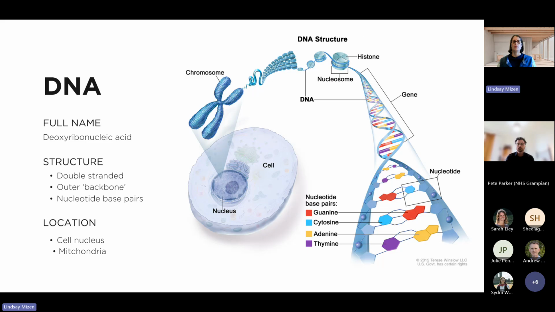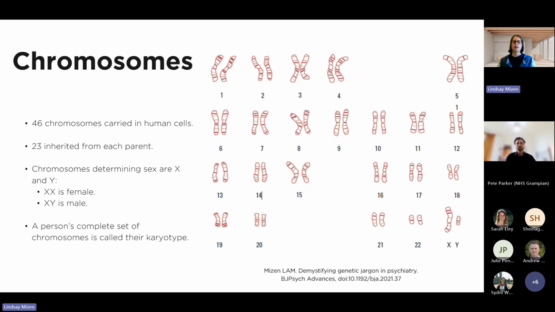So here in the middle, you'll see the word chromosome. That X-shaped blue shape is what a chromosome looks like under a microscope. And that is useful to know because human cells have 46 chromosomes, 23 come from one parent and 23 from the other. So that is how you inherit genetic traits and characteristics.